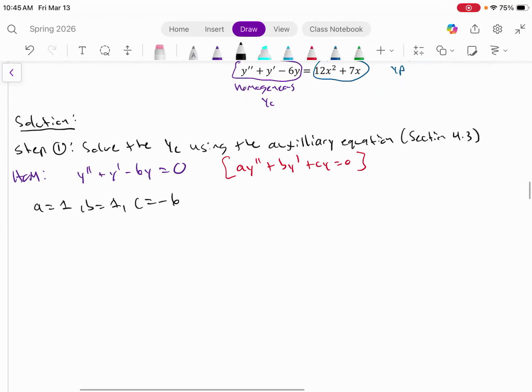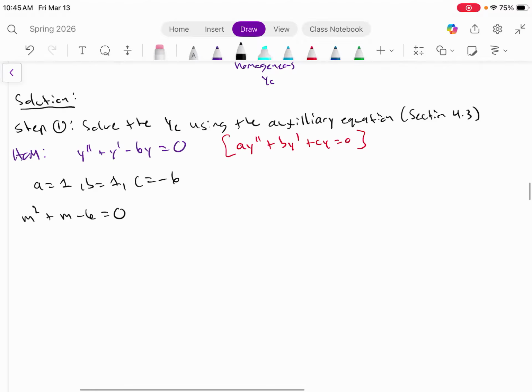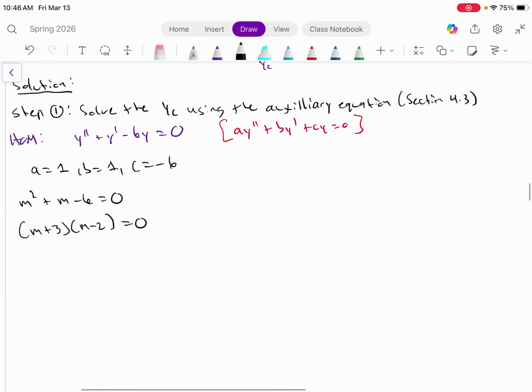And so we build our auxiliary equation. What we would get is m squared plus m minus 6 equals 0. This turns into a factored form, m plus 3 times m minus 2 equals 0. That means m equals -3 and m equals 2.